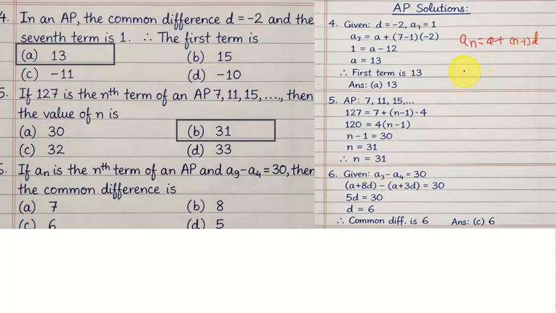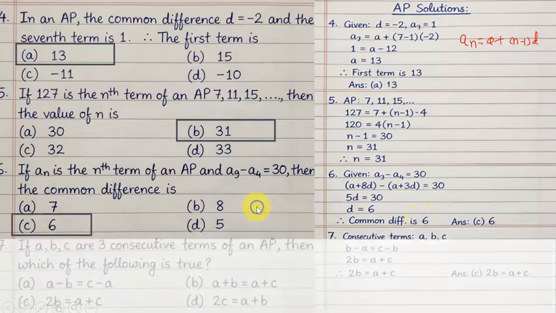Therefore, a9 is a plus 8d and a4 is a plus 3d. Their difference is 30 and if we simplify here, open the bracket, then plus a minus a will get cancelled. 8d minus 3d, you will get 5d is equal to 30 and hence d is equal to 6. Therefore, the common difference is 6 and hence option C is correct here.